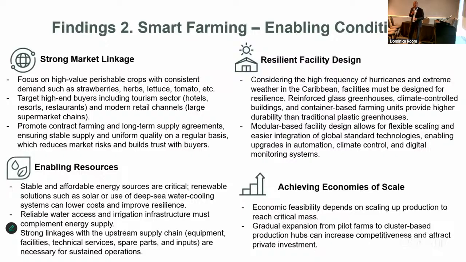In terms of facility, most climate smart facilities come in modular types, whether container, glass greenhouse, or climate controlled buildings. Most times they can be scaled, achieving economy of scale. As your facility grows and expands, you can add modules.